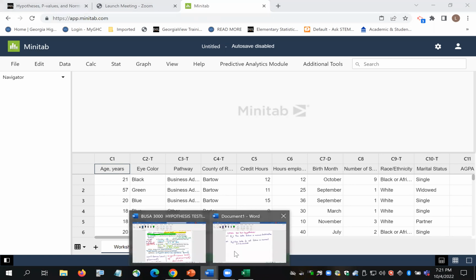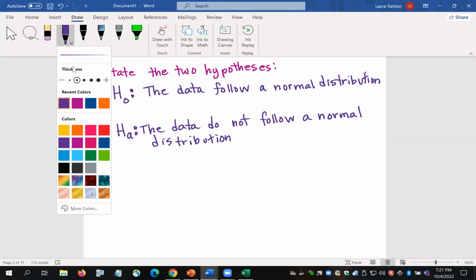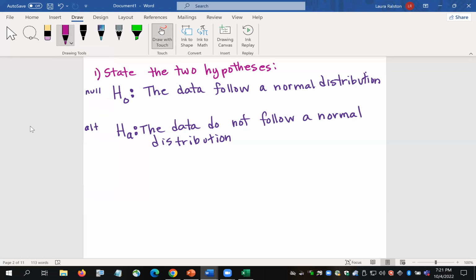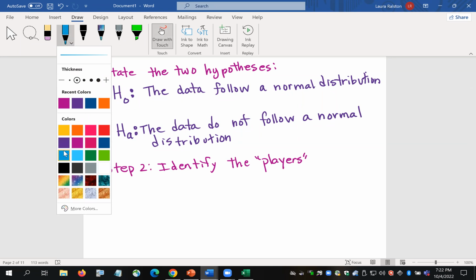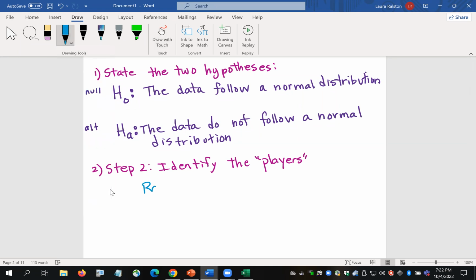So if you want to make a note about that, for step two in the hypothesis testing process, where you have to identify the players, if you will, the information that you need is the raw data for your sample, which is provided.